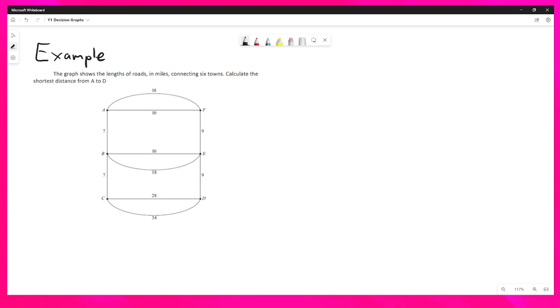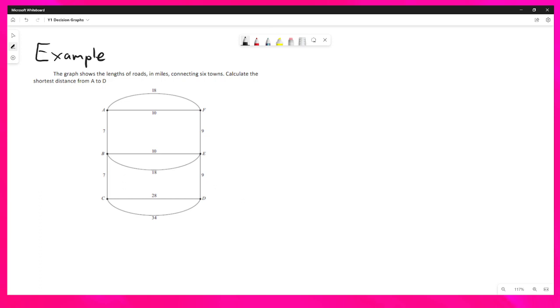We're now going to have a look at a very quick example of using and getting used to using graphs and networks. A big part of the decision topic is finding the shortest route, or the route of smallest weight, between various points. Now, it might be between 2 points specifically, it might be around the entire network.